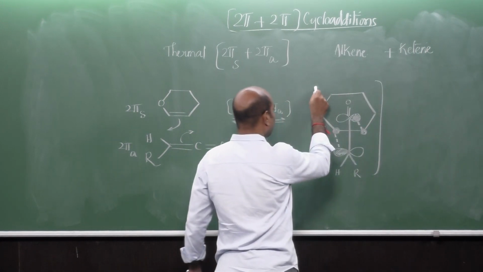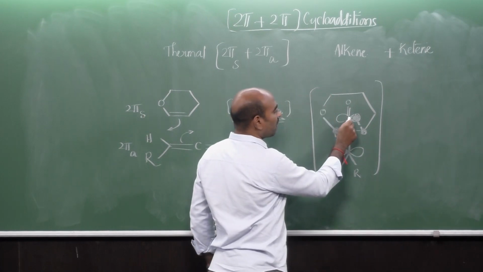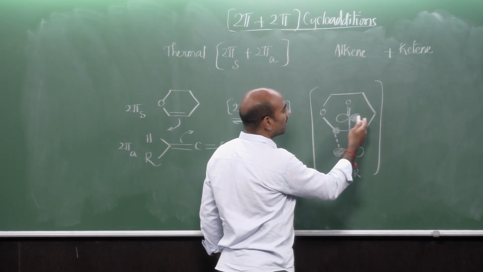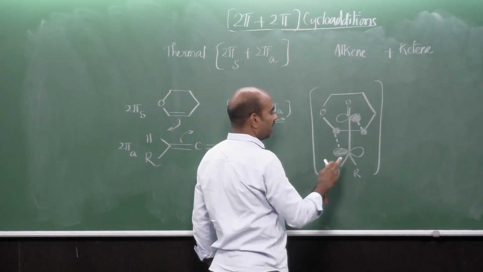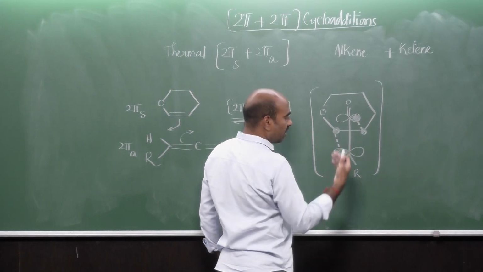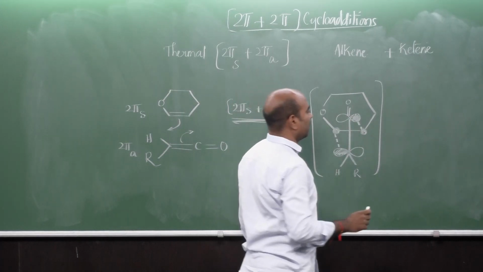This is the cyclic transition state. So, where the carbonyl carbon atom of the ketene is directed towards the more hindered side of the alkene, and the other carbon atom of the ketene is away from the more hindered side of the alkene, right.